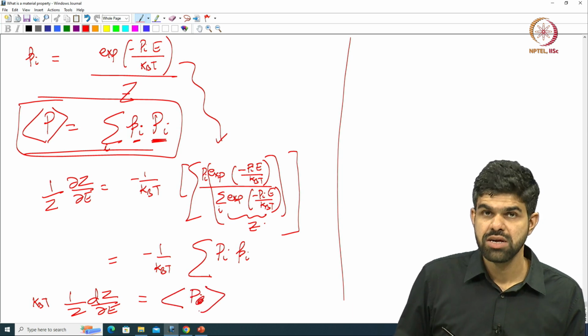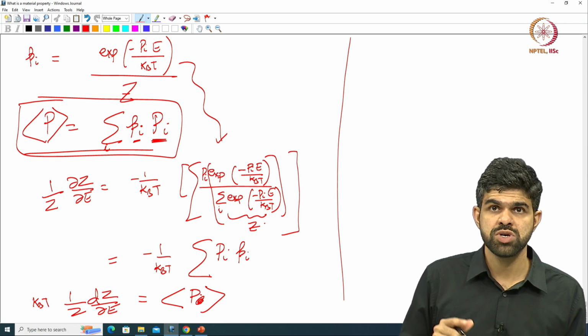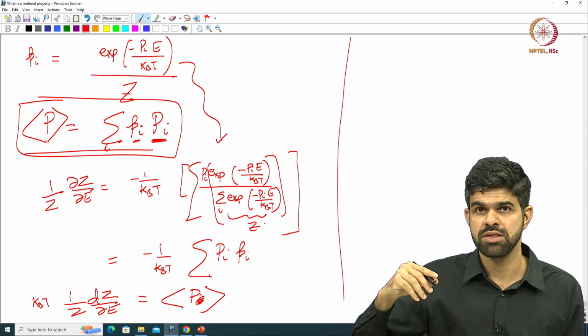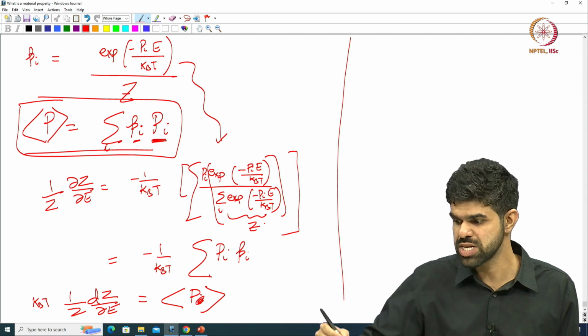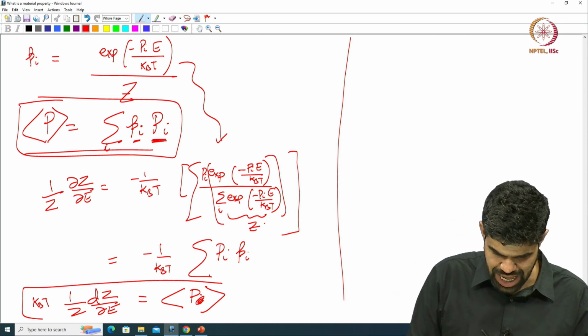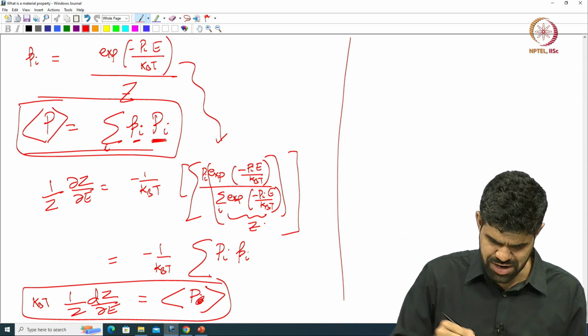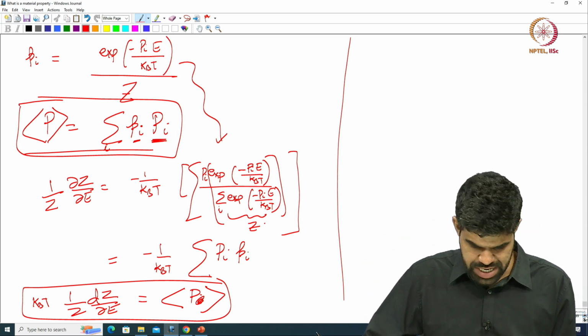So it is the sum of all the polarizations divided by the number of such polarization states I have. So this is nothing but the average polarization, or negative of that if the negative carries, be that as it may.